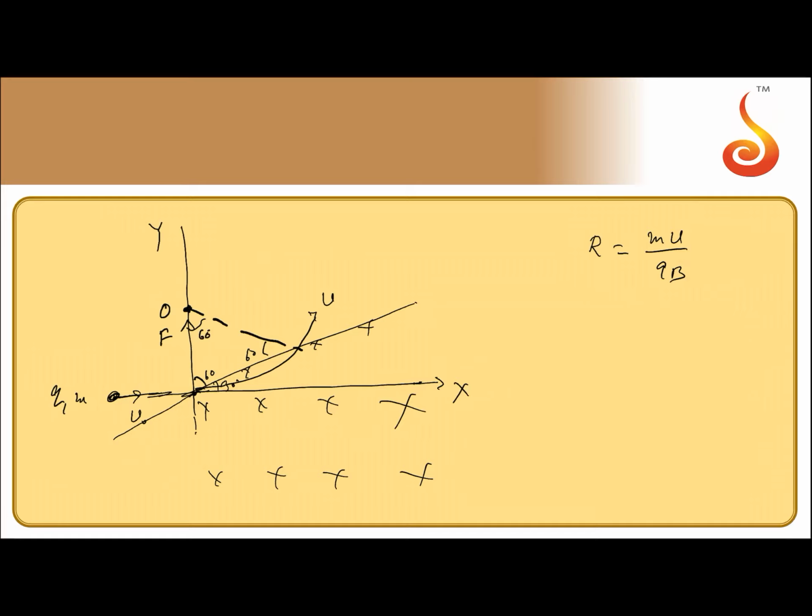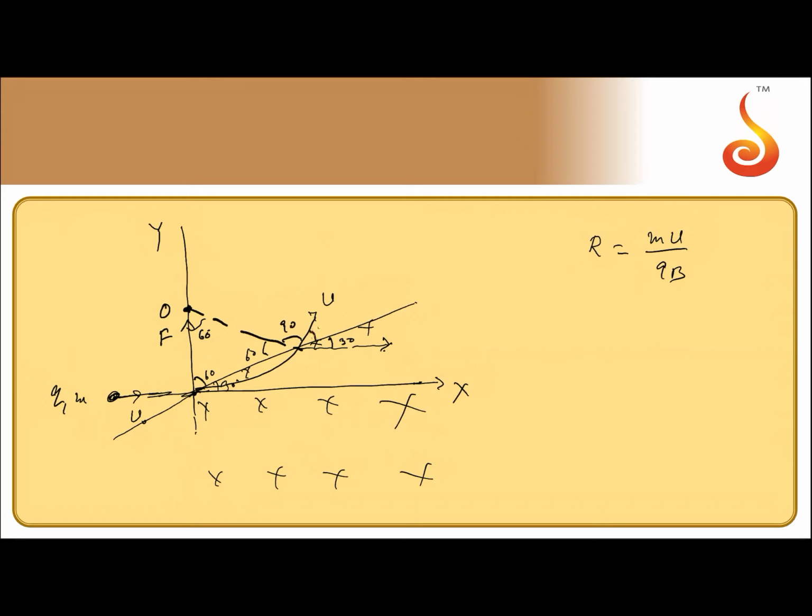To write the velocity in component form, if I project the initial velocity vector, this angle will be 30 degrees, and this is 60, this will be 90, because this is radius, this is tangent, so they will be at right angle.